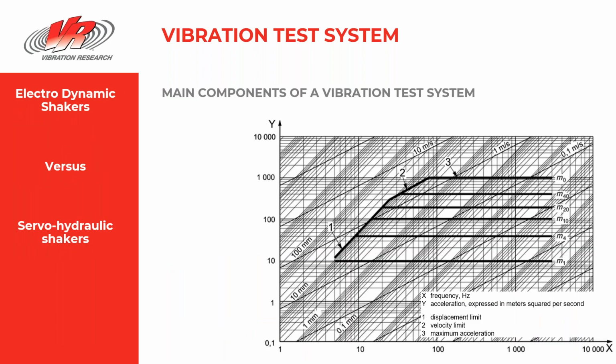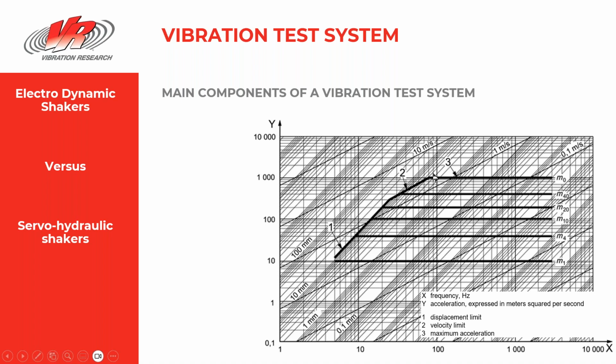Just quickly looking at vibration test systems, looking at the shaker side of things, there are mainly two different types of shaker systems. You've got the electrodynamic shakers and the servo-hydraulic shakers. I've got two graphs here that I'm going to show you. This is an electrodynamic shaker capability. You can see on this rather complicated nomograph that you've got lines of acceleration, which are the horizontal lines, and then you've got velocity lines, which is the next line up.